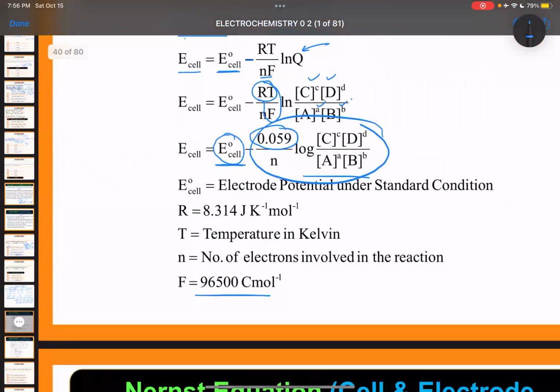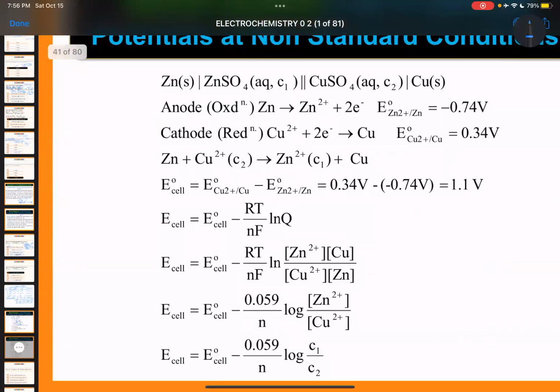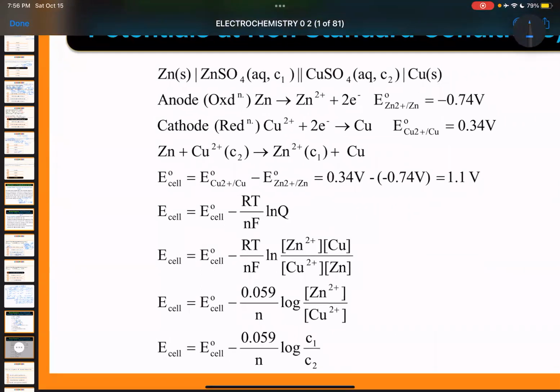Just this is another example. Here I have given zinc with concentration C1, and copper with concentration C2. This is the anode, this is the cathode. This is the cell equation. You need to write the cell equation.